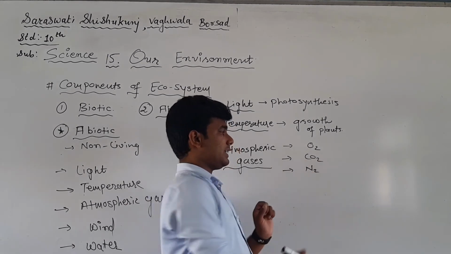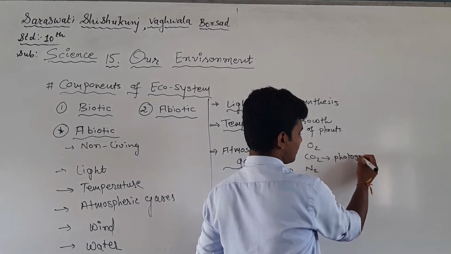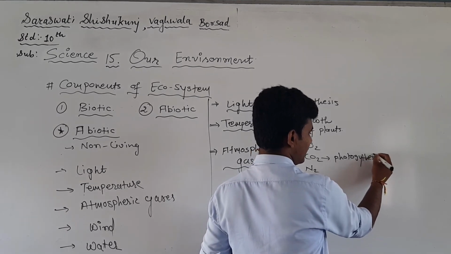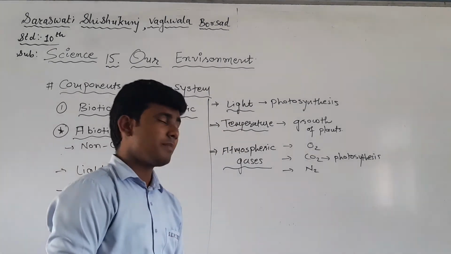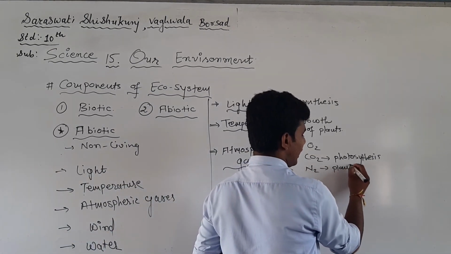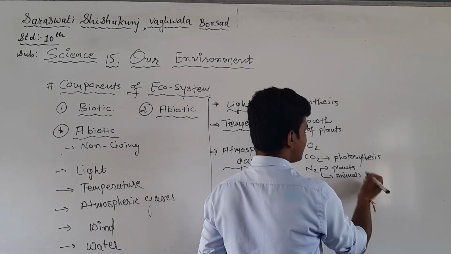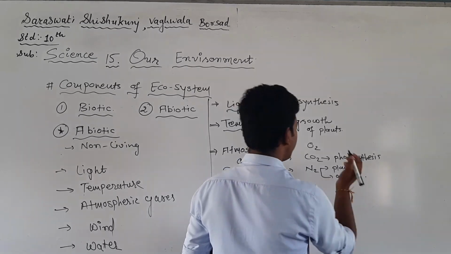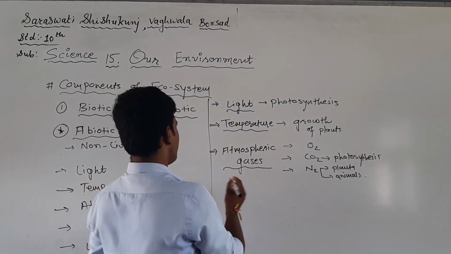This carbon dioxide is also useful in the process of photosynthesis, by which plants prepare their food. Nitrogen is very useful for both plants and animals. So atmospheric gases are also very useful.